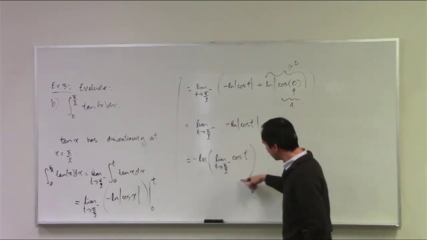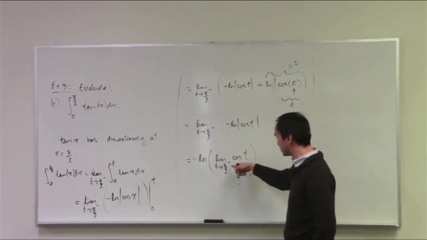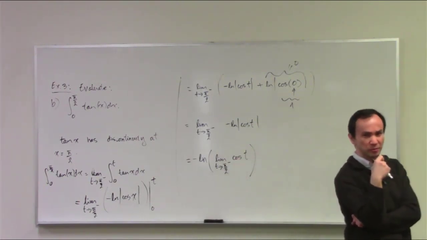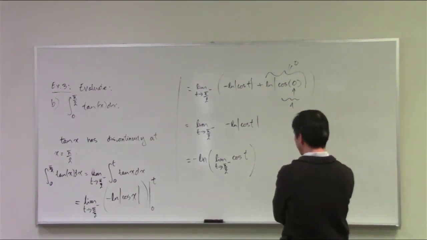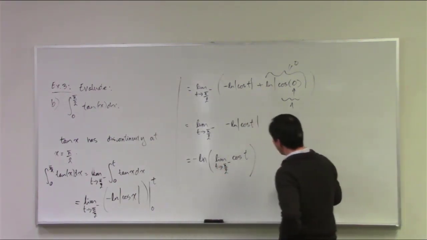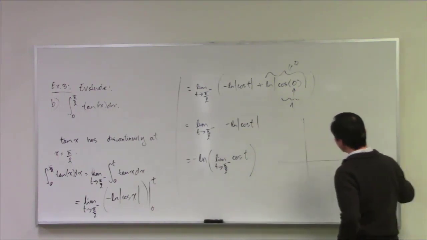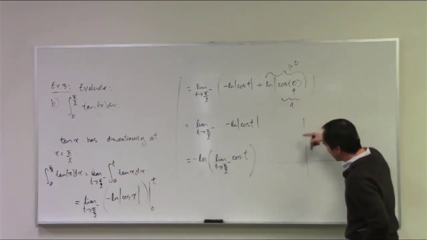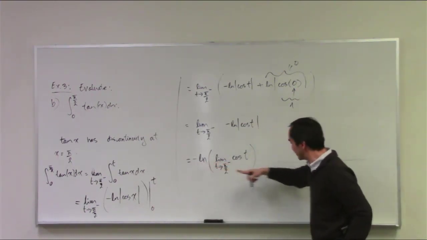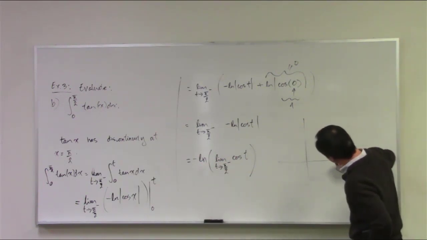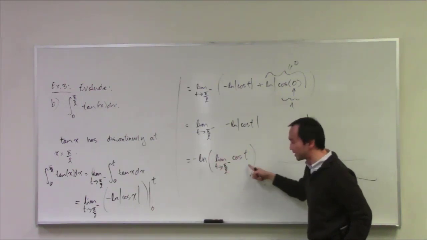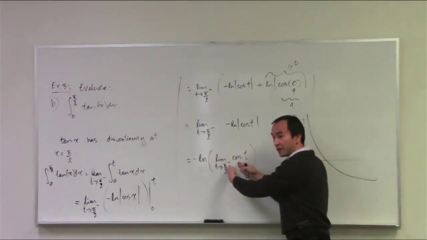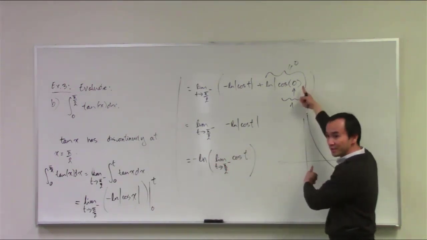But then as this happens, what's going to happen to the cosine of t when t gets close to pi over 2? You guys remember? It comes to 0. But it comes to 0 here means what? Your natural log function goes like this, on the negative side. As the argument inside goes to 0, your logarithm grows to positive infinity.